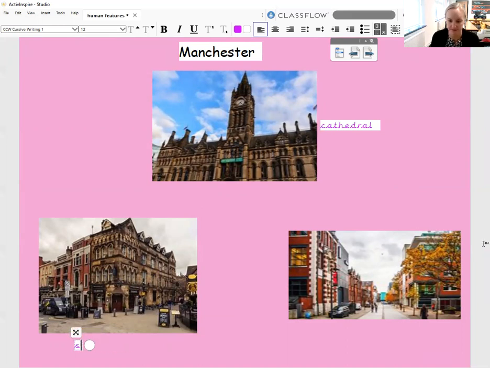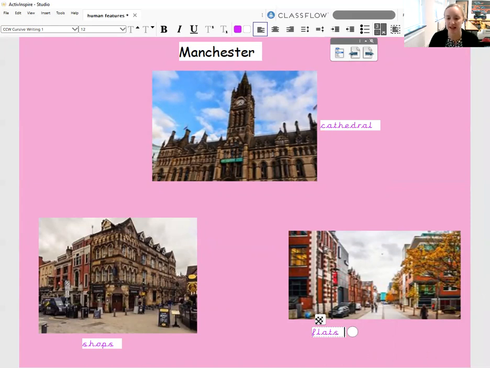Some shops. So I can see that there are shops. I can also see that here on the left there are some flats, okay? And flats are a type of houses. Can you remember yesterday we said there's lots of different types of houses, and flats are one type. And in cities they have flats because they build up rather than out to take up less space.